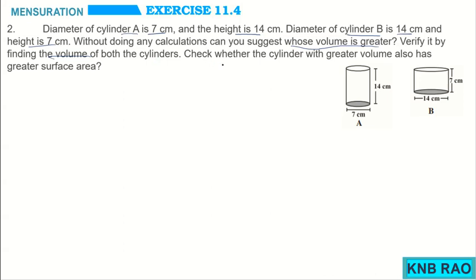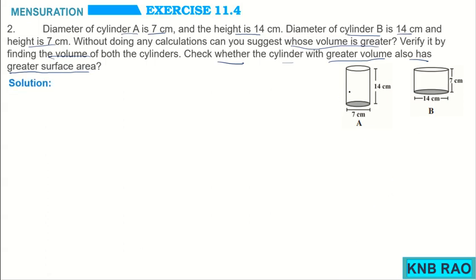Third question, check whether the cylinder with a greater volume also has greater surface area. So, you have to find that also. Here in toto, I have to find the volume of both of them and surface area of both of them. Okay. First, can you tell me which has got more volume, children?